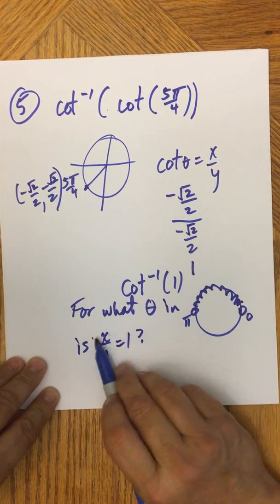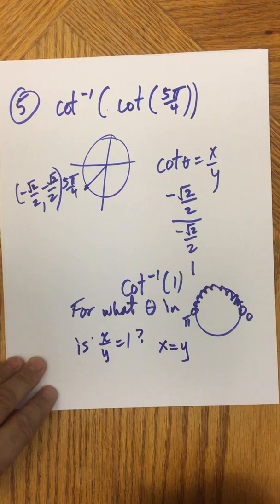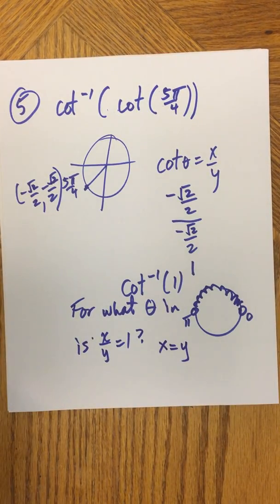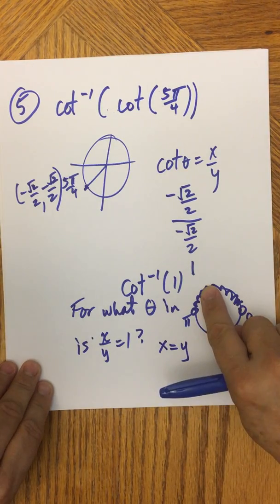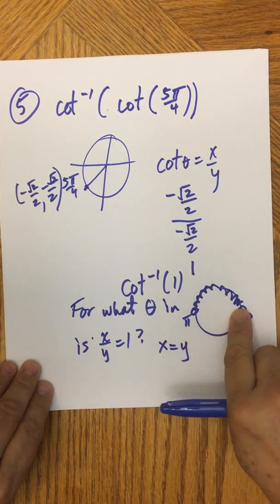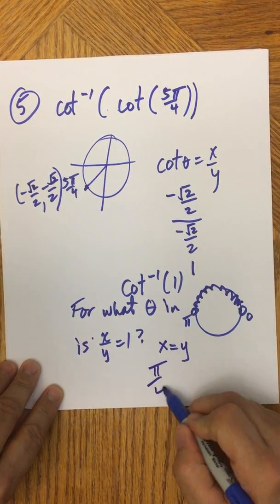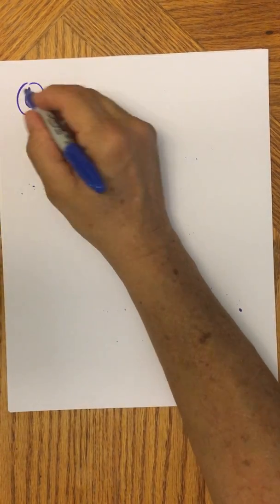Now I can multiply both sides by y, and that would really be asking where is the x equal to the y, somewhere in here. Well, obviously it's going to be one of those multiples of pi over 4. But here in the second quadrant you'd have a negative and a positive, so it can't be that. It has to be positive, positive, because this is a positive 1, so this is going to be pi over 4. Okay.